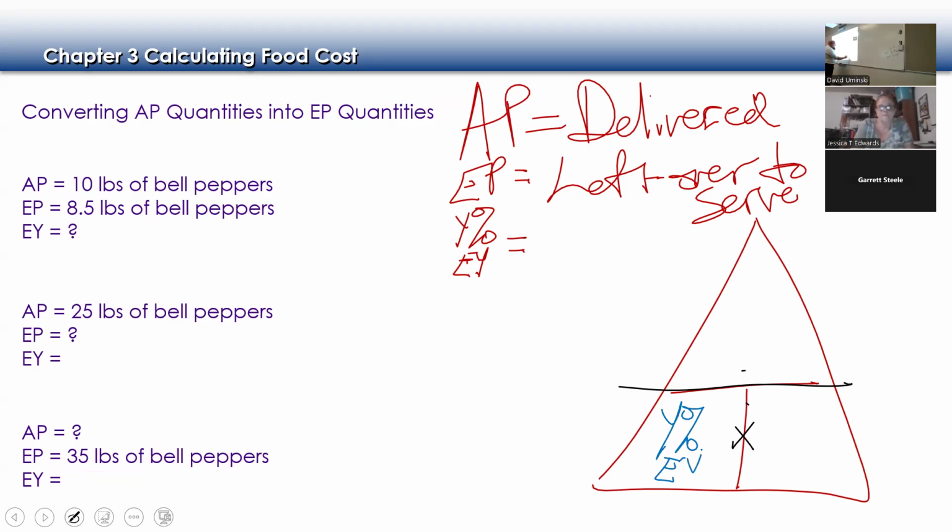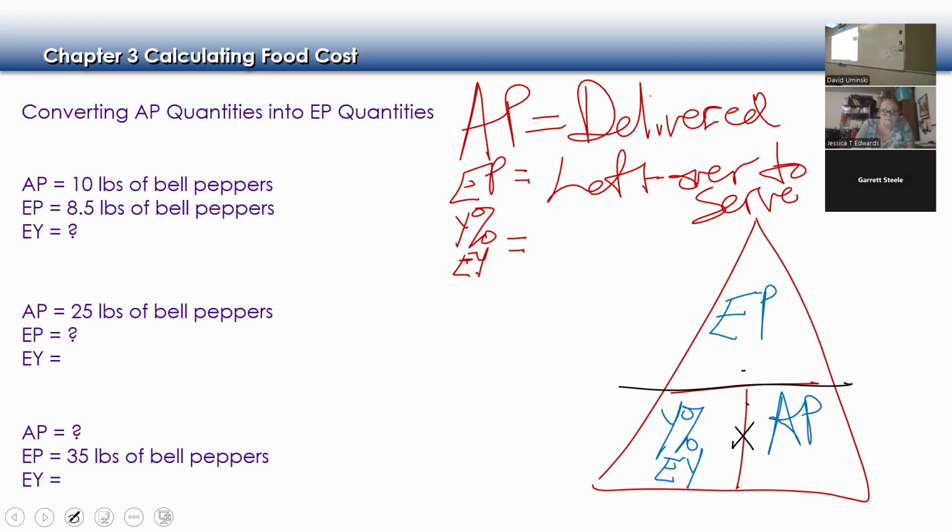That's the same thing. And then we have which one on top? Why? Because it's the part. Exactly. The edible portion is the part. The as purchased is the whole. Part divided by the whole. So that's your triangle.